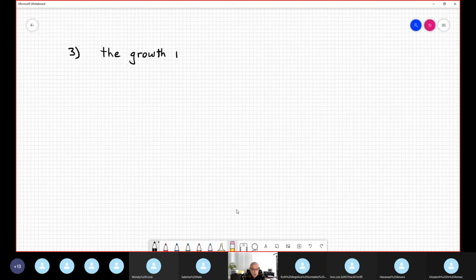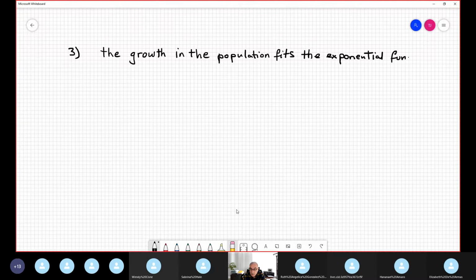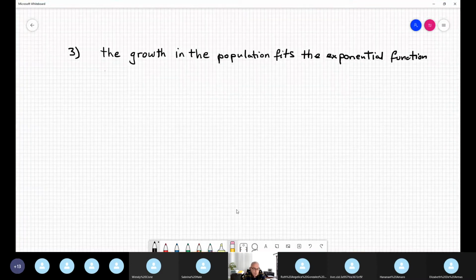and the population fits the exponential function. Like that.